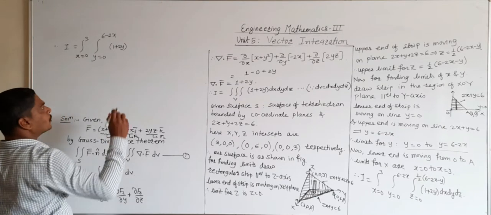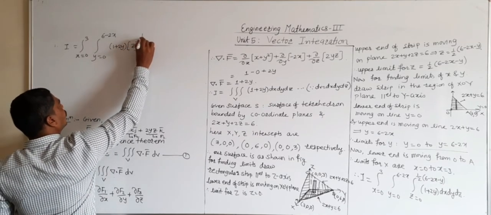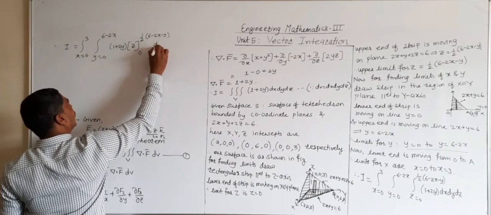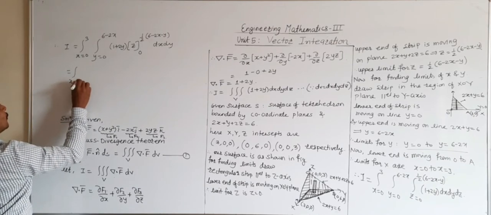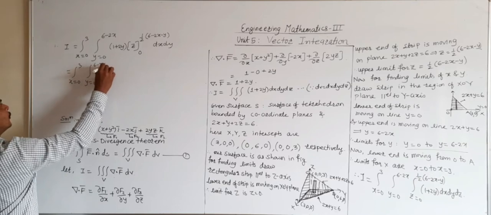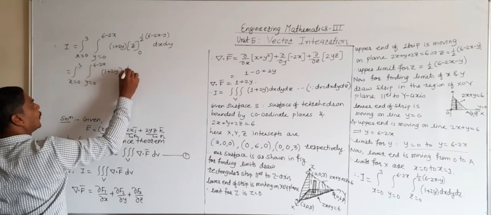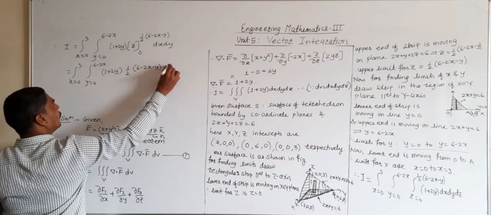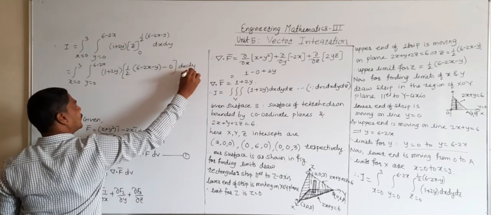So the remaining function is 1, the integration of 1 with respect to z is z, limit from 0 to 1 upon 2 into bracket 6 minus 2x minus y, dx dy. Now replace the limit in this function. So we get 1 plus 2y as it is, and replacing z by the upper limit 1 upon 2 into bracket 6 minus 2x minus y, minus 0, dx dy as it is.